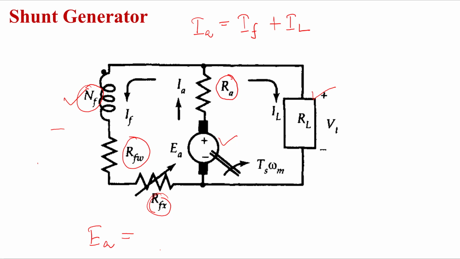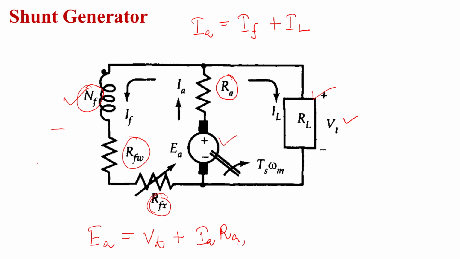EA will be VT, this is the terminal voltage, that is the voltage across the load. So I can write VT plus IA RA.